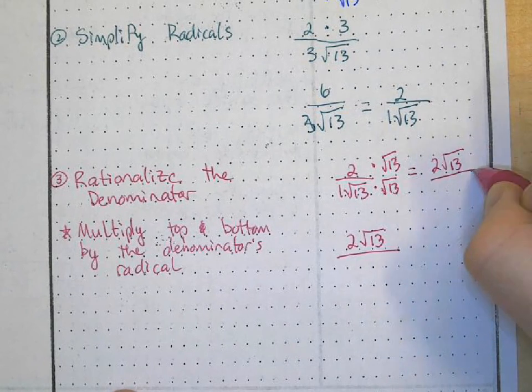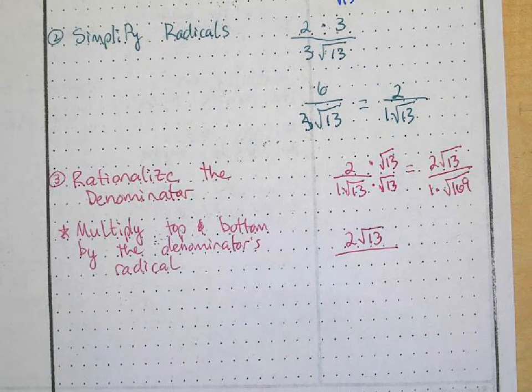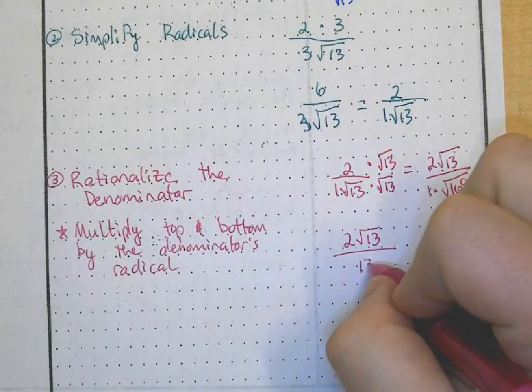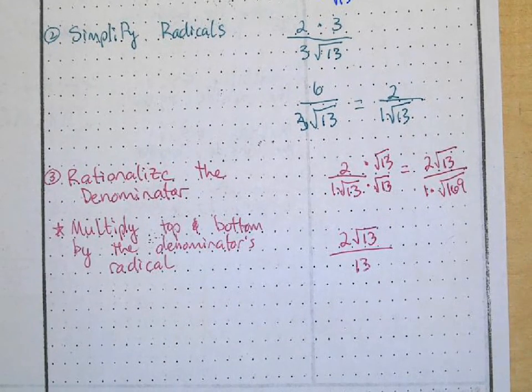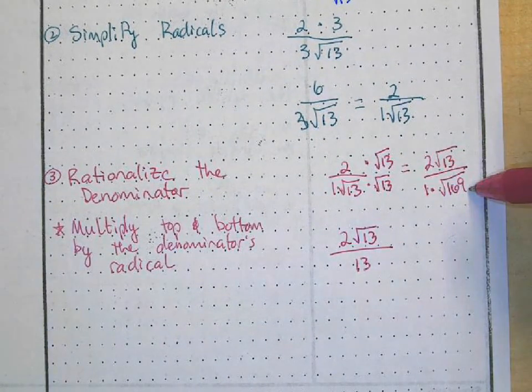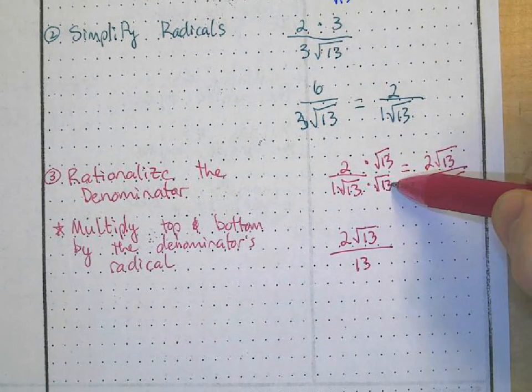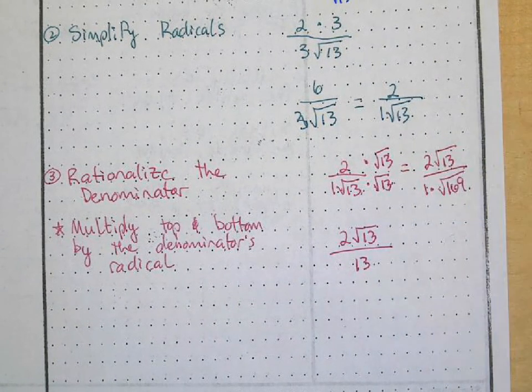This is 2 square root of 13 over 1 times the square root of 169. But then the square root of 169 is 13. So you can write it out if you want, or you can just know that, well, when I do a square root of 13 times the square root of 13, it's going to equal 13. It kind of like gets rid of that square root.